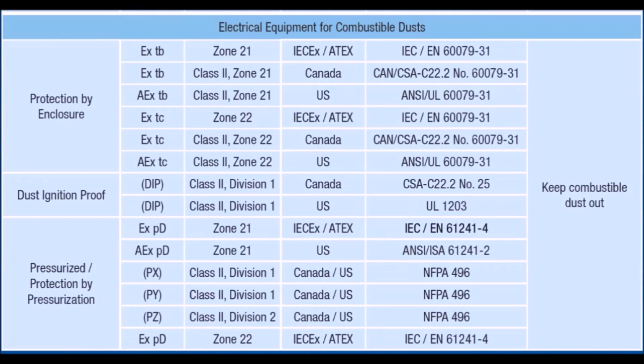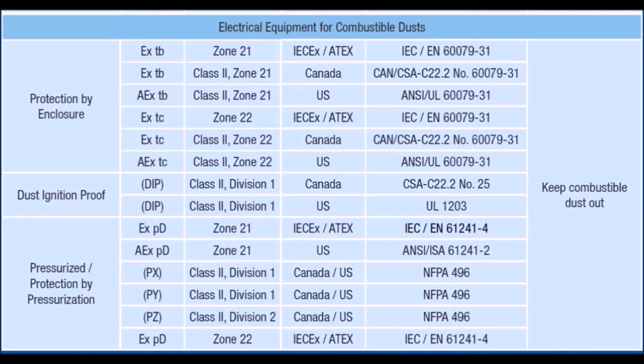The next type of protection is for combustible dusts. Protection by enclosure is EXTB or AEXTB, EXTC or AEXTC. Good for Zones 21, 22, Class 2 Division 1. Then there's dust ignition proof or DIP, Class 2 Division 1.